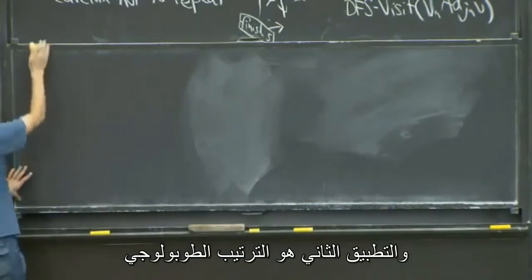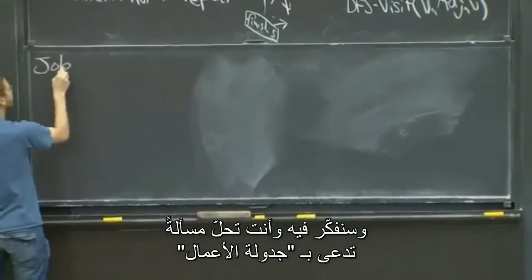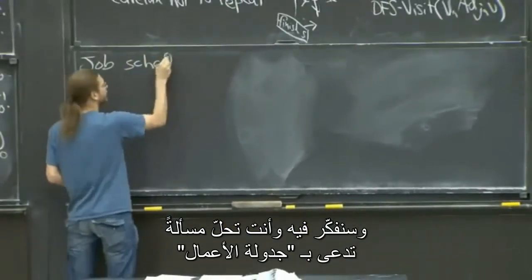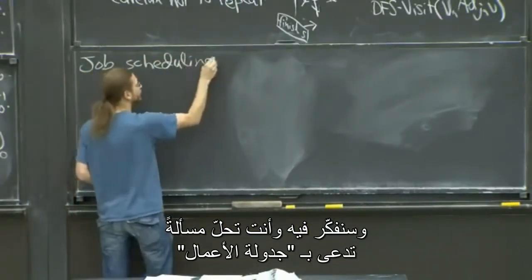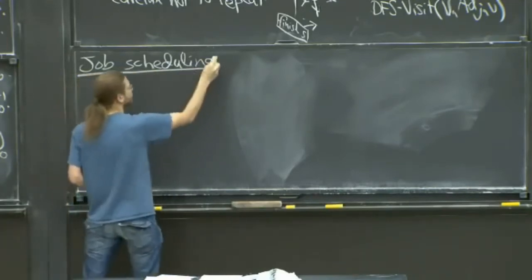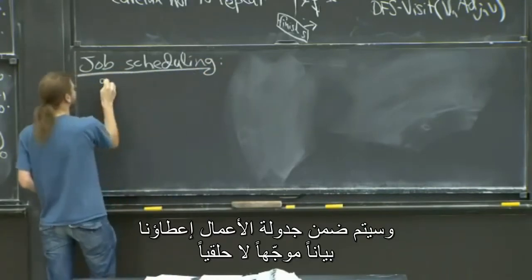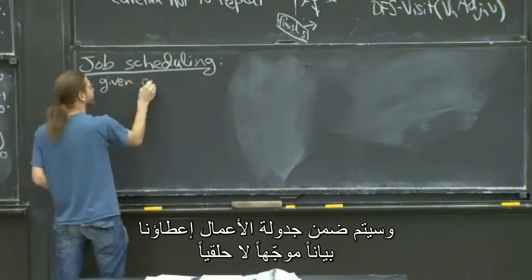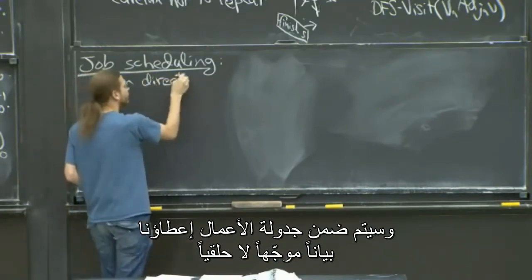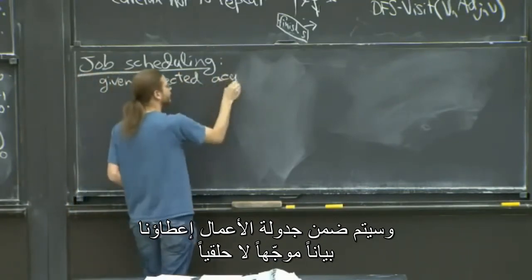Application 2 is topological sort, which we're going to think about in the setting of a problem called job scheduling. So in job scheduling, we are given a directed acyclic graph.